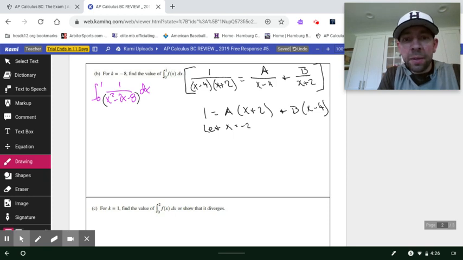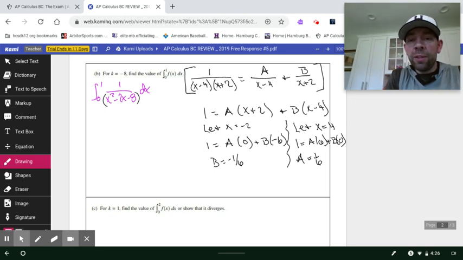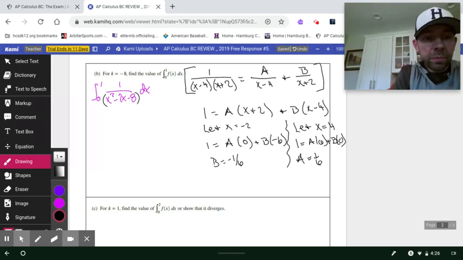That makes 1 equals A times 0 plus B times negative 6, and that tells me that B is negative 1/6. Now if I do something similar again, this time letting x equal 4, I get 1 equals A multiplied by 6 plus B multiplied by 0, and A is 1/6. So now I know those two coefficients.